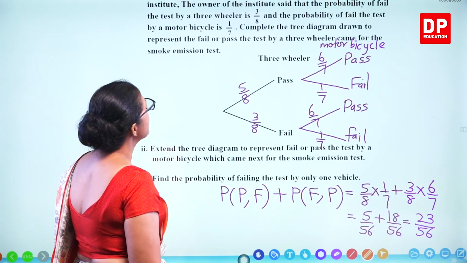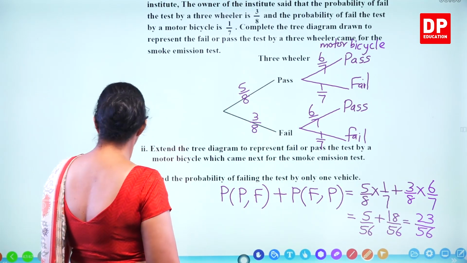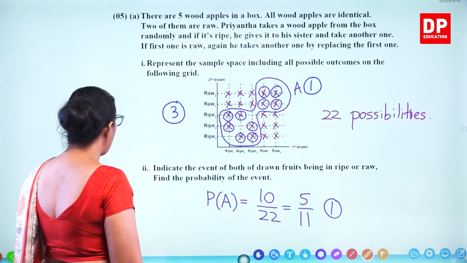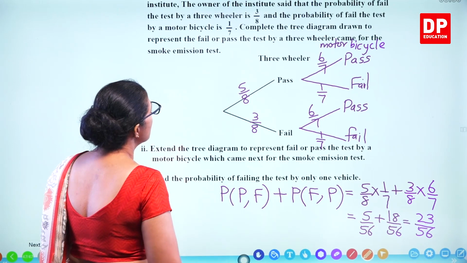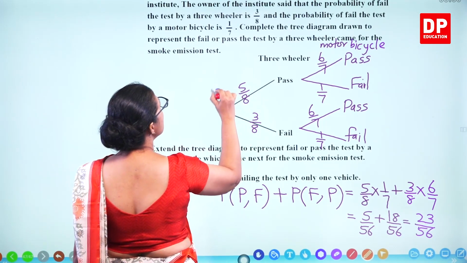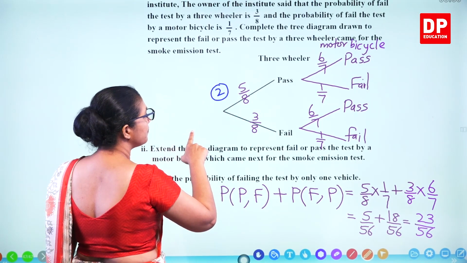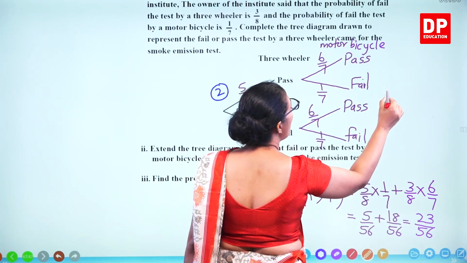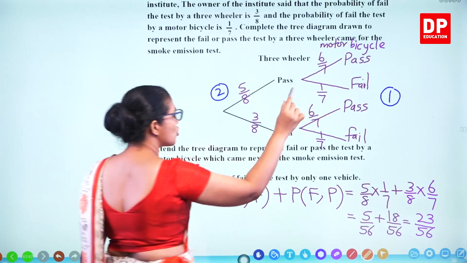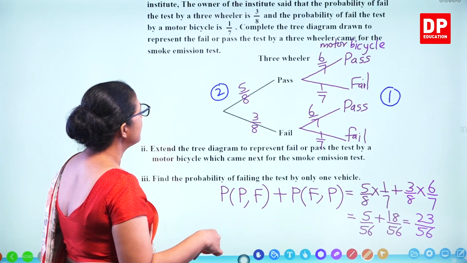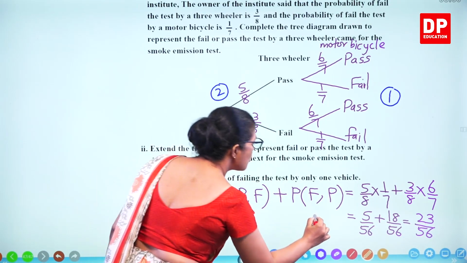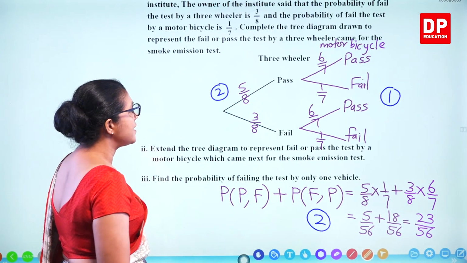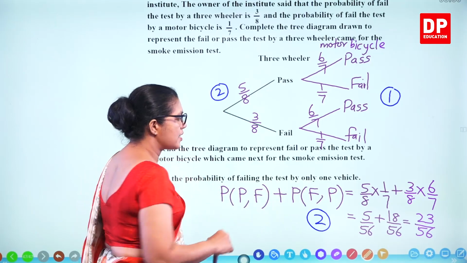So you get marks here. Now we gave 3, 4, 5 marks there. So 5 marks. So 2 marks for completing this branch and 1 mark for this branch, and 2 marks for this branch for identifying the correct path.